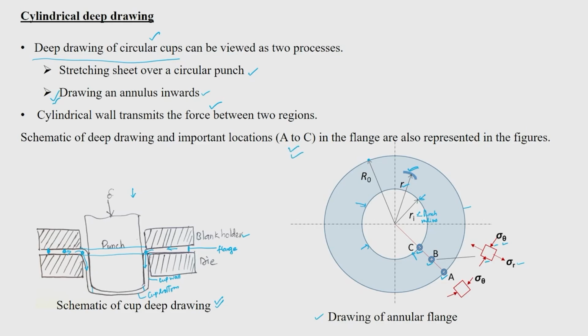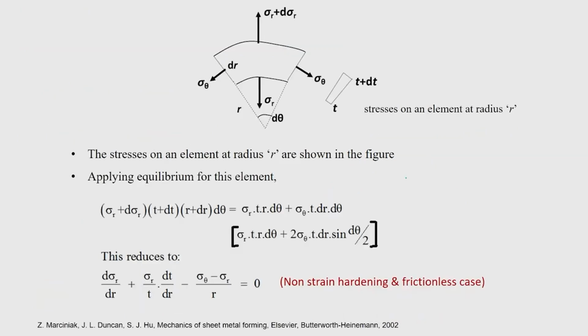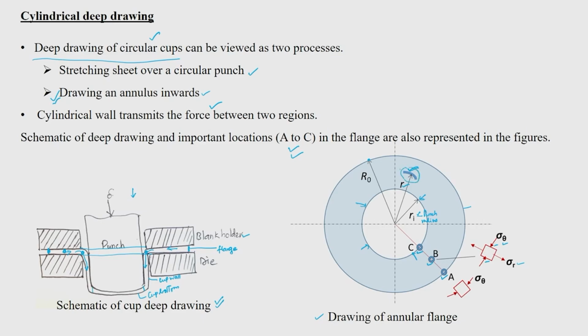What I am going to do now is consider an element in the flange region and apply force equilibrium. So let us pick up an element in the flange region, and I have already plotted all the stresses available in this particular element. You can imagine that this element is in this location.